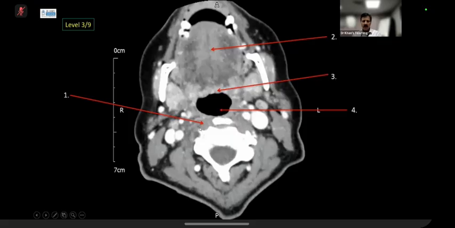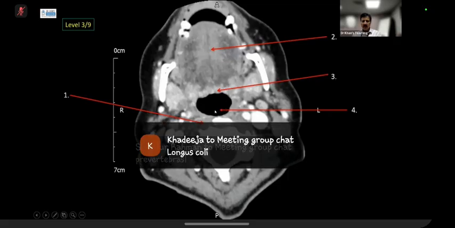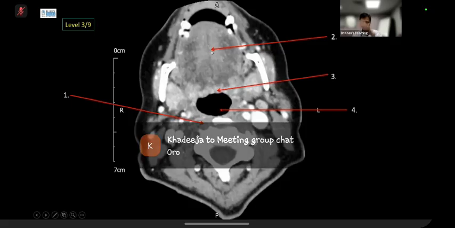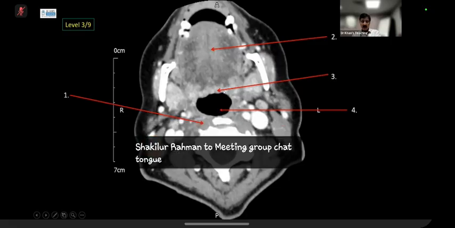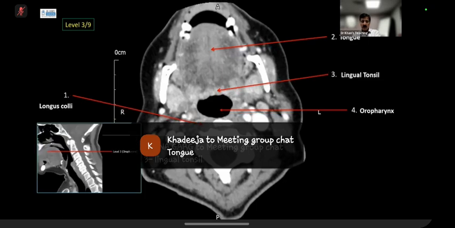What is number 1? Okay, there is a muscle here, longus colli. Which airway? Oropharynx. What is this, number 2? Excellent. And what is this slightly high density? Lingual tonsil. Very good.